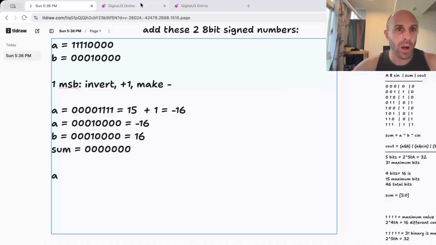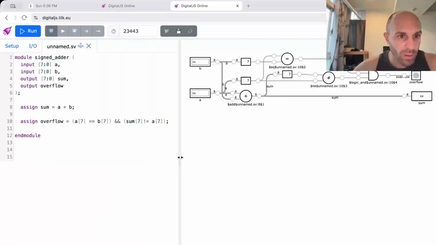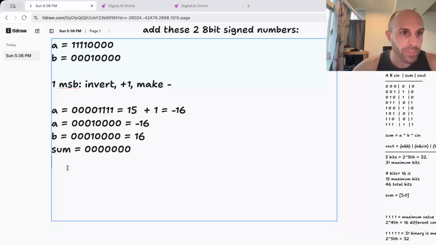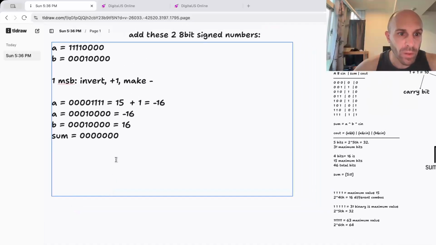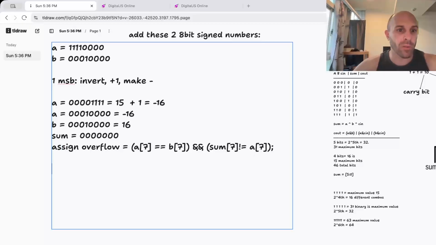So now we use our formula here for overflow. That's our formula for overflow.